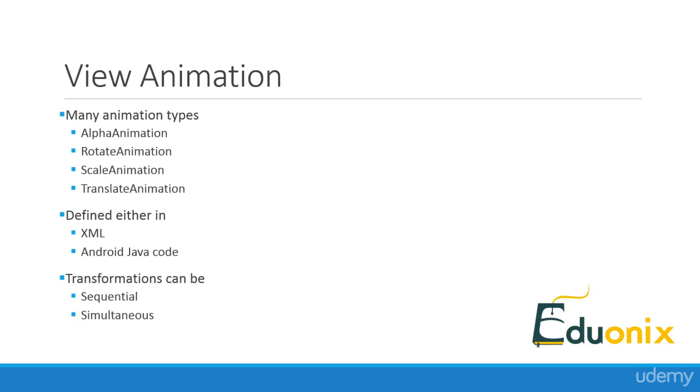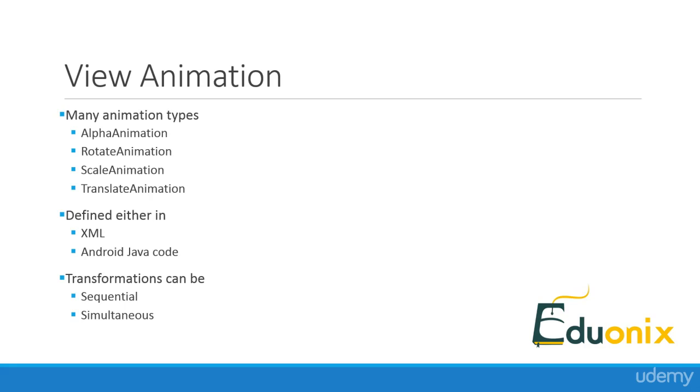In Android, we can easily perform a series of simple transformations. For example, alpha animations, which change the transparency of an object, rotation animations, size-related scale animations, or position-related translate animations on the contents of a view object.